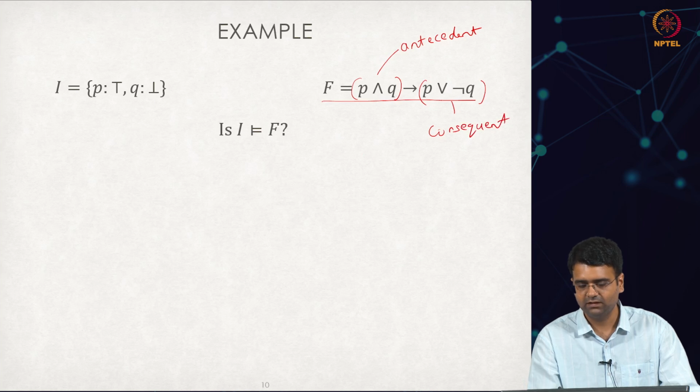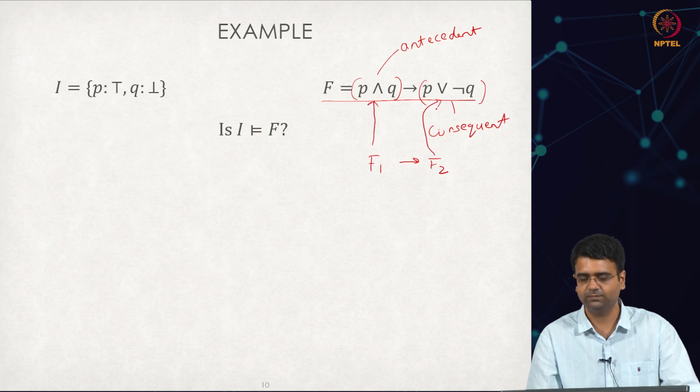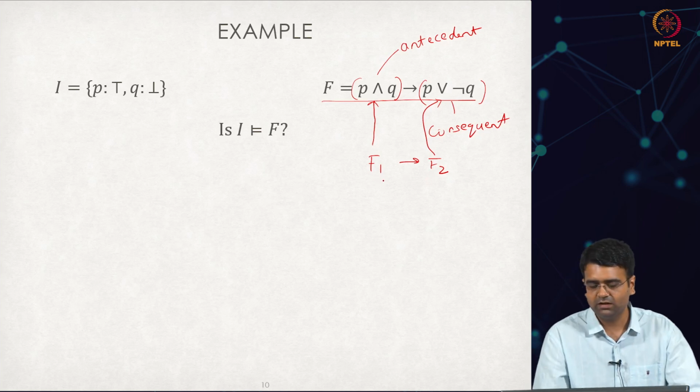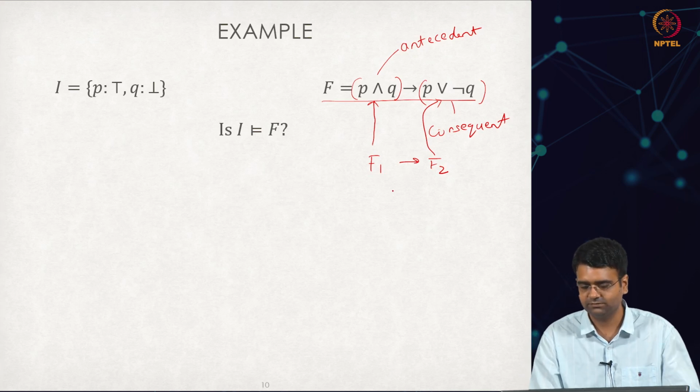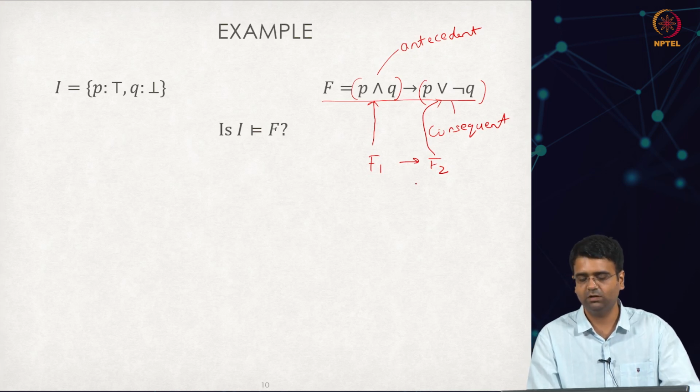So this is F1 implies F2, where F1 is P and Q and F2 is P or not Q. In order to check that I is a model of F1 implies F2, there are two possibilities: either I is not a model of F1, or I is a model of F2.